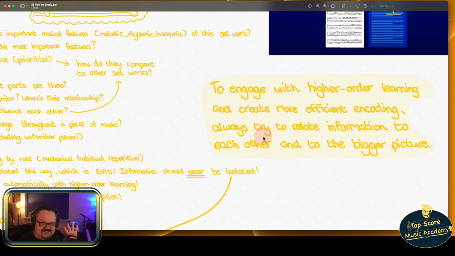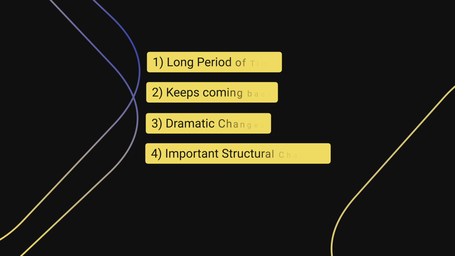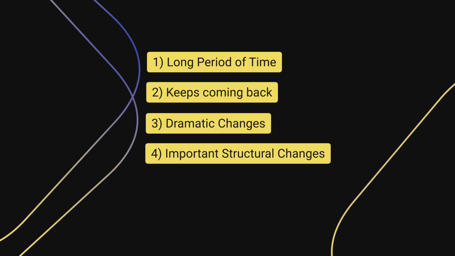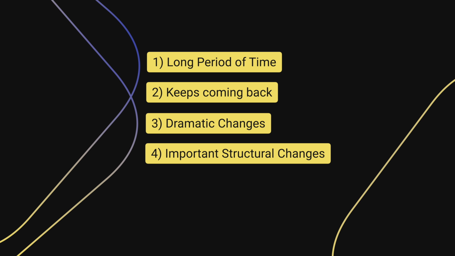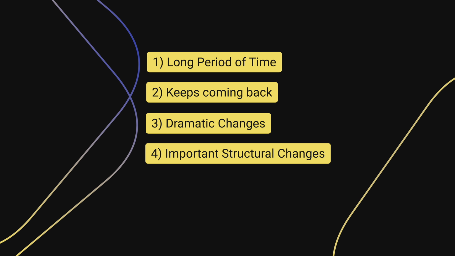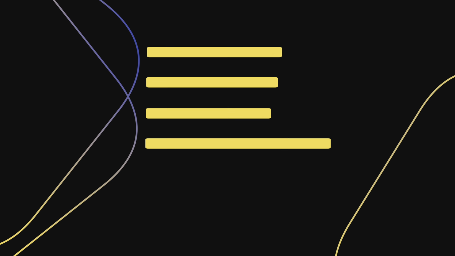Those are your 4 big picture things. I'll say them again: things that happen over a long period of time, things that keep coming back, dramatic one-off changes, and structural things like changes of key, cadences to introduce new sections, new themes or ideas that come in.